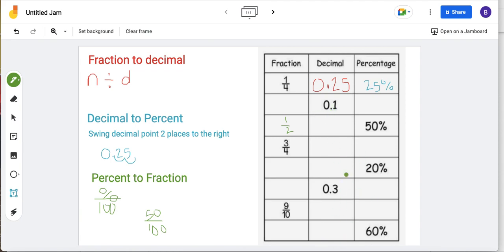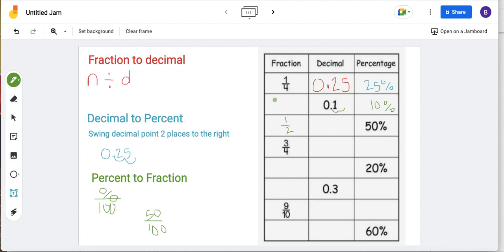So if we look at the examples in the table, the next line we have 1/10 as a decimal. If I swing that decimal to the right to multiply it by 100, it becomes 10%. And 10 over 100, we can divide both by 10 to simplify it.